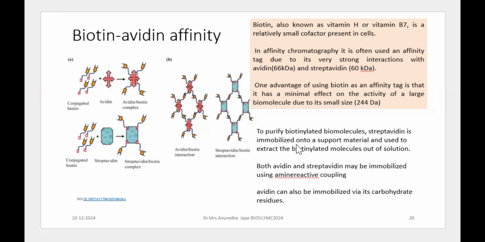So for that purpose, what you need to do is you have to biotinylate the molecule. That is, the molecule of your interest should be biotinylated. That means you have to add biotin to that molecule, that means a complex of analyte and biotin. So how can it be obtained?